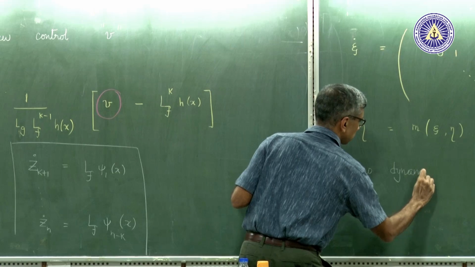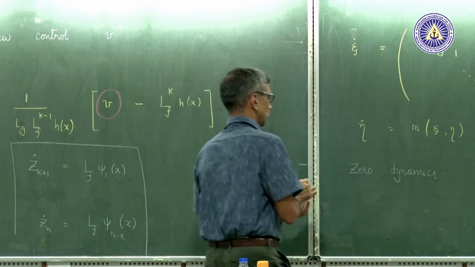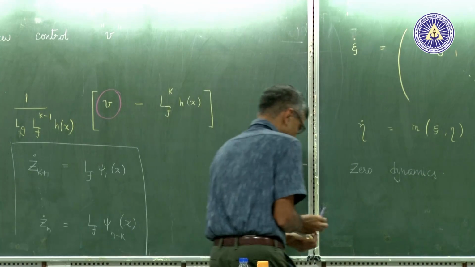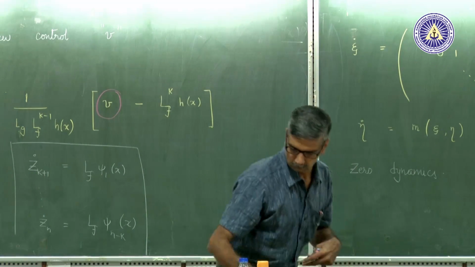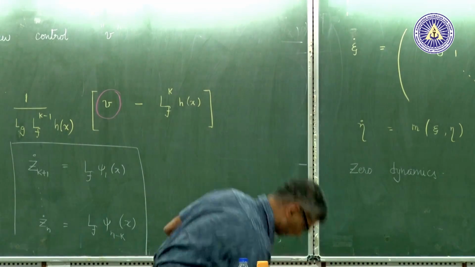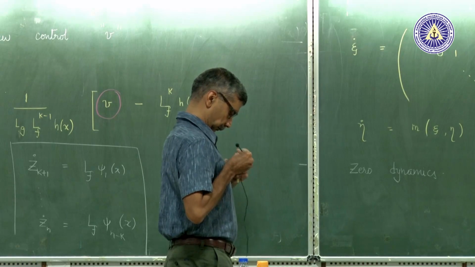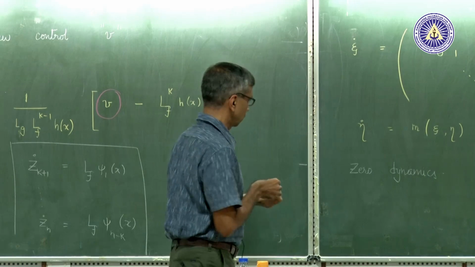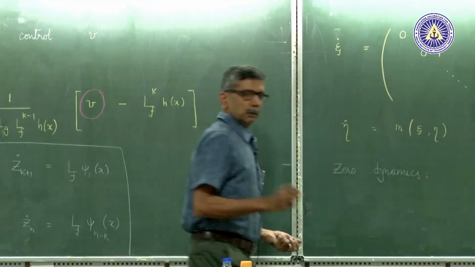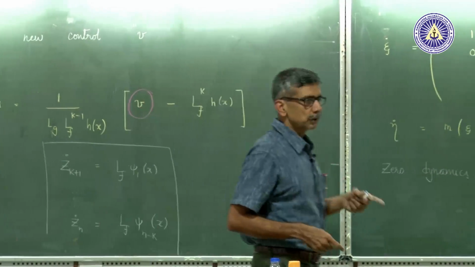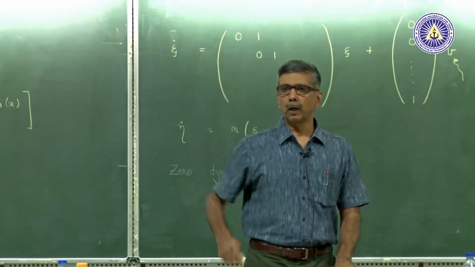And why is this important? So, zero dynamics. Okay. Suppose I have a system in which I zero the output.